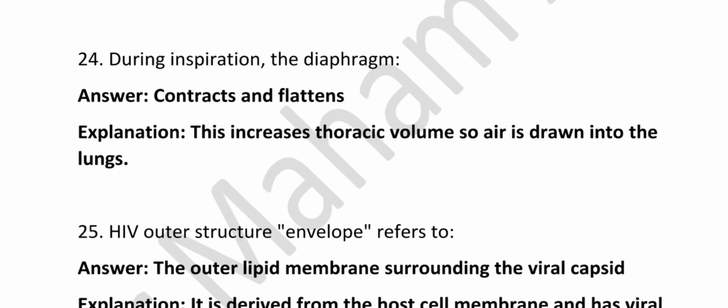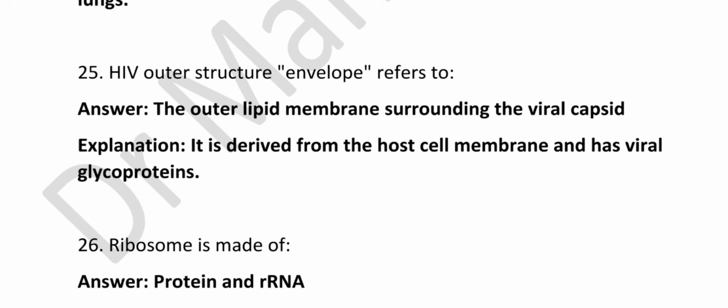During inspiration, the diaphragm contracts and flattens. This increases thoracic volume so air is drawn into the lungs. HIV outer structure, that is envelope, refers to the outer lipid membrane surrounding the viral capsid, because it is derived from the host cell membrane and has viral glycoproteins.